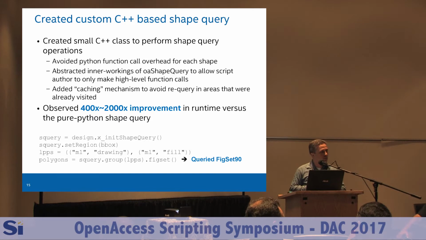I noticed that you're using the names for the layers and the purposes. Is that now part of oaScript? That's a very good question. It is not. That was just a little syntactical sugar that we added to make it easier to use.